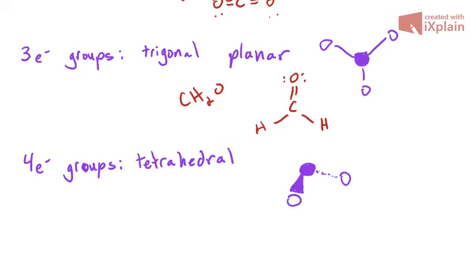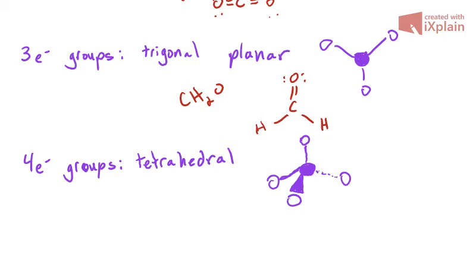Now, when I look at this tetrahedral, I can get 3 of the atoms, including the central one, in the same plane. Like if I took a piece of paper and tried to cut this thing in half, trying to get as many atoms as I could, I can get 3 of them, including the central one. Those I would draw as 2 regular lines that are in the plane of the board.